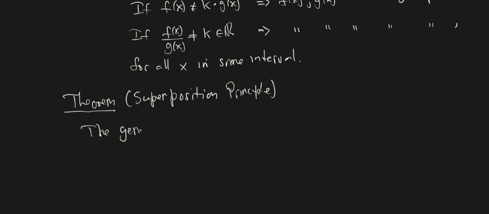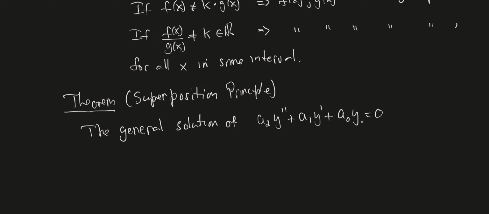The general solution of, and I'll write down the equation that we're solving now, a constant times the second derivative plus a constant times the first derivative plus a constant times the original function equal to 0.